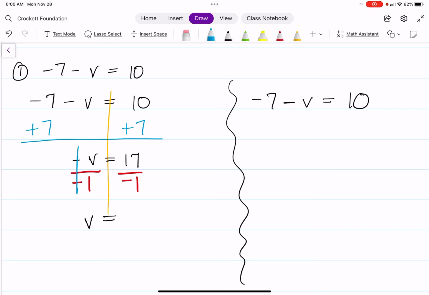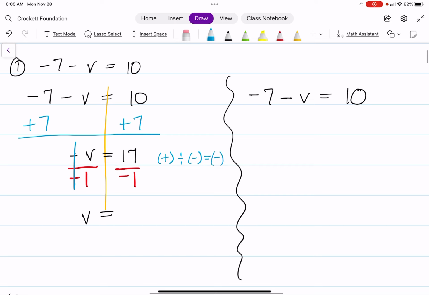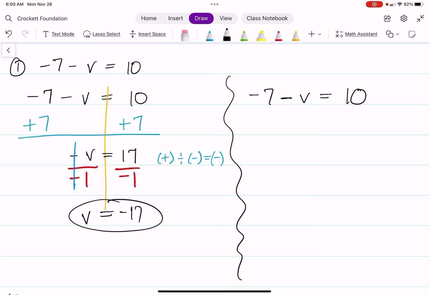And then you have to simply do a positive divided by a negative, which is a negative. Okay, I'll write it over here. A positive divided by a negative is equal to a negative. So our final answer would just end up being -17. Okay, now that's one method.